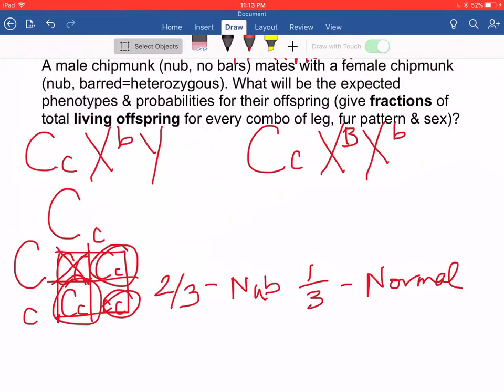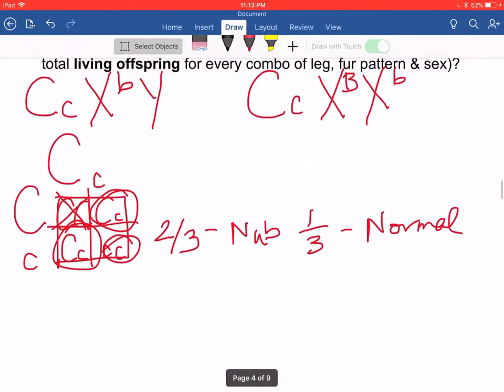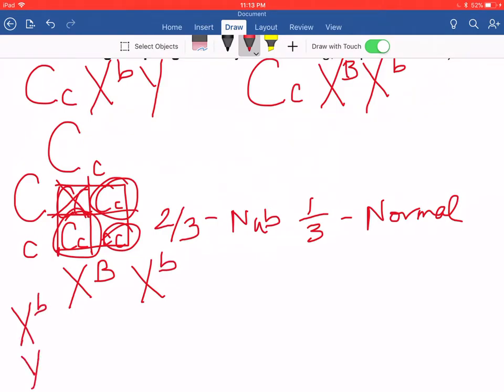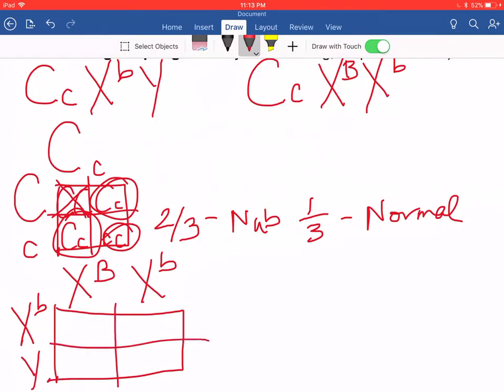Now let's take a look at our Punnett square for the bar versus the no bar condition. Here we know that the female can contribute either of those two alleles, and the male can contribute either of these. And so we can create our Punnett square here and fill it in just like we would with any of the other examples.